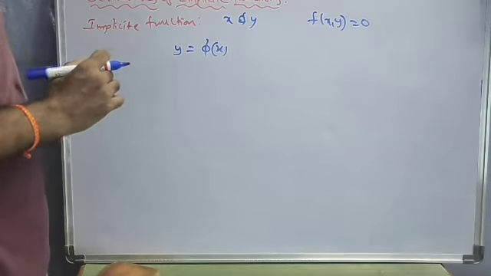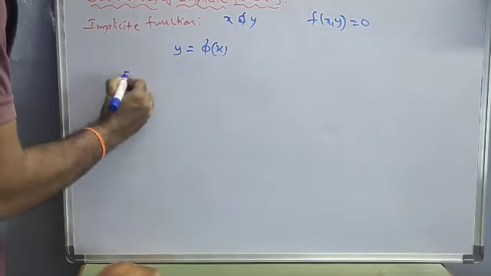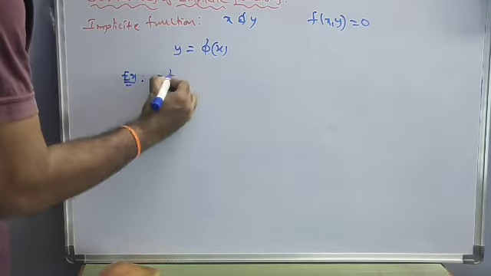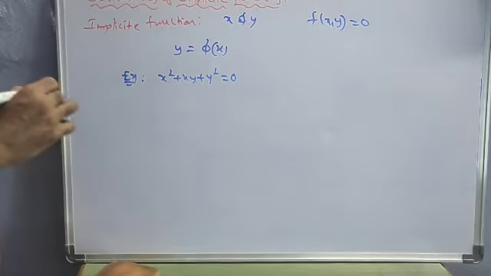For example, x square plus xy plus y square equal to 0.